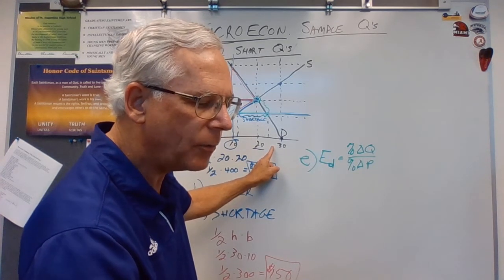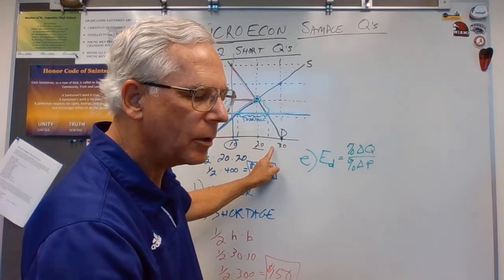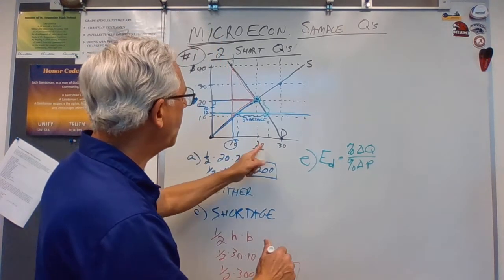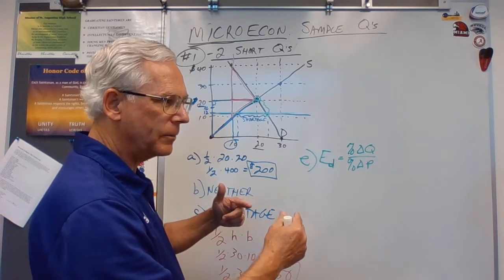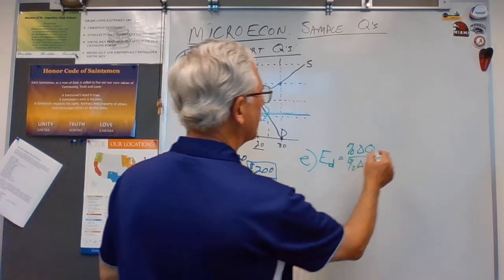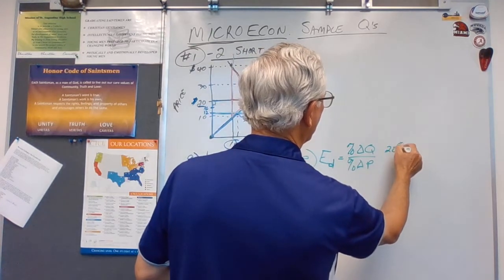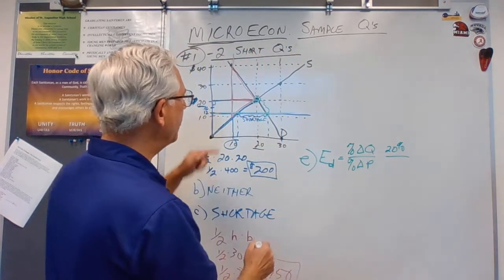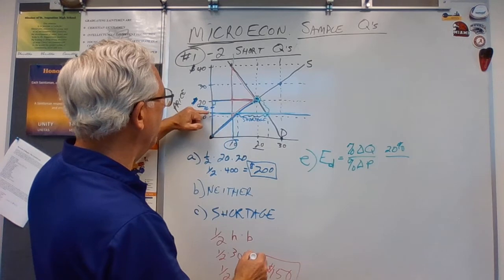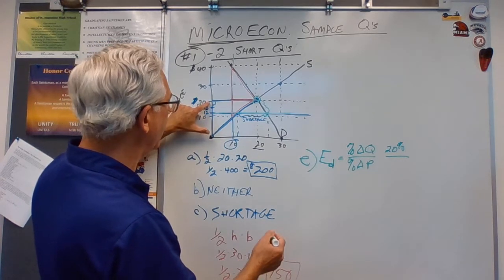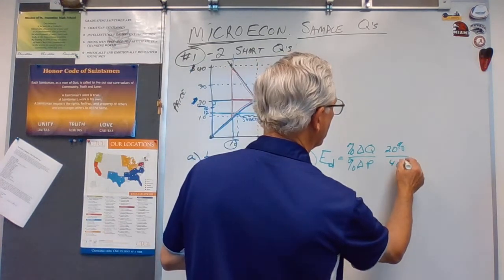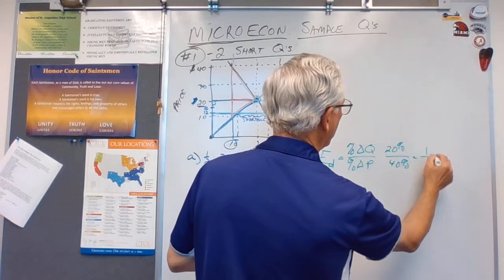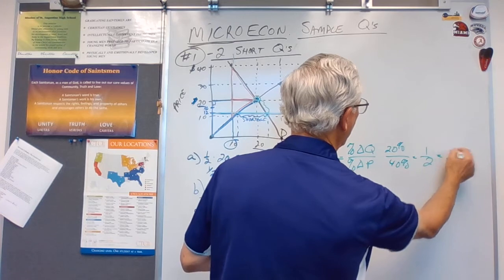That's 4 over 20, which is 20%, right? 20% on top. Percentage change in price: the price comes down 8 divided by the base of 20. That's 40%. And that's going to give you 1/2 or 0.5.